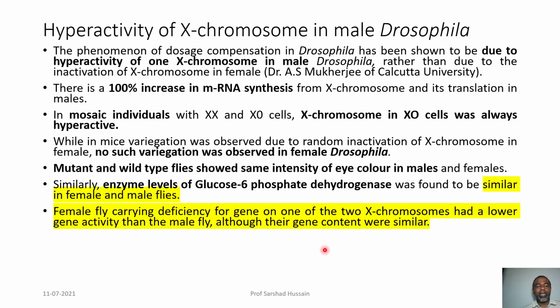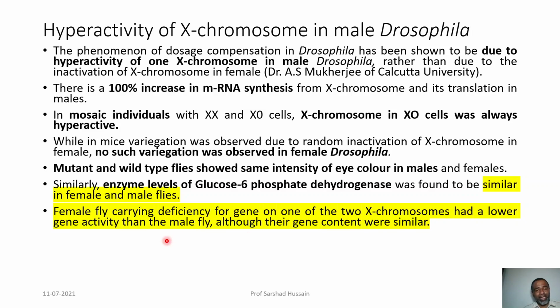So, it is equivalent to the normal chromosome of the male, because the male is having only 1 X chromosome. So, here again among the two, in the female only 1 X chromosome is normal. In this respect their gene contents are similar, but it is shown that the female is having lower gene activity, because both the chromosomes are active in the female normally.